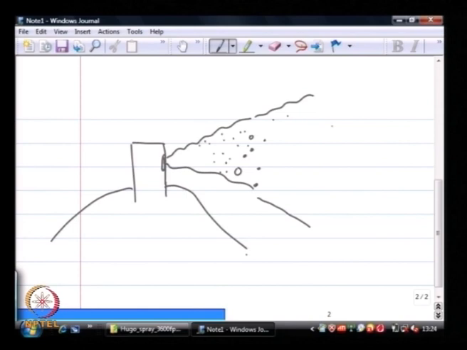So, this 1/3 ml is distributed in this spatial region. As soon as I have squirted one delivery of the perfume, I have dispersed 1/3 milliliter of volume into this spatial region.